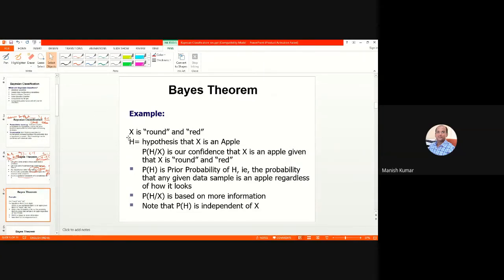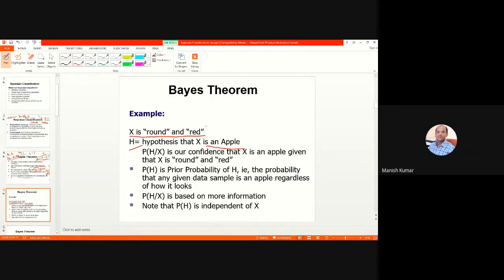What is X saying? X says that X is round and red. Now, H is the hypothesis that X is an apple. That means there is an object which is round and red, and my hypothesis is that X is an apple.